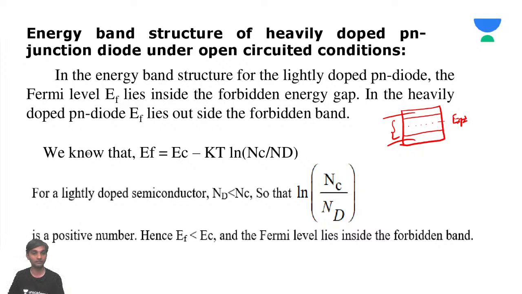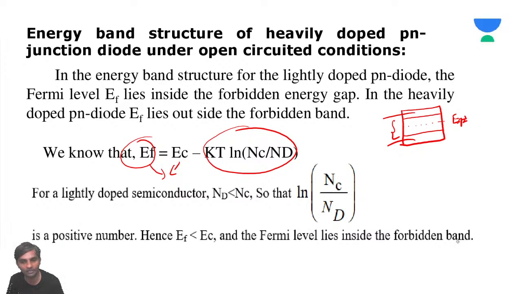We know that EF is going to be EC minus kT into ln of NC by ND. For a lightly doped semiconductor, ND is less than NC, so ln of NC by ND is a positive number. Hence EF will be less than EC. The Fermi level will be below the conduction band, so it lies inside the forbidden band.